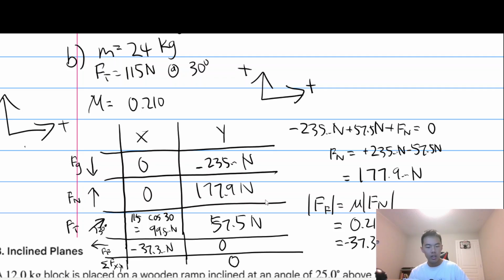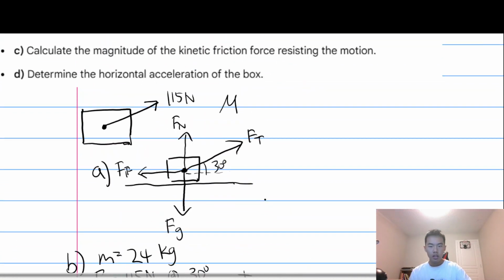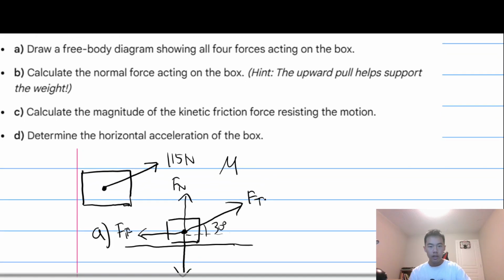Now the only thing that's left is to find our net force of our x. So let's add negative 37 and 99.5, which equals 62.2 newtons.